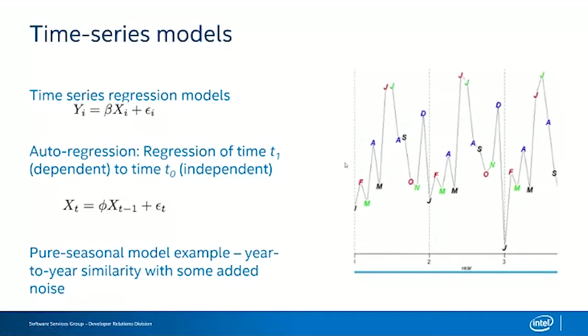So in regression, you have an independent variable x and a dependent variable y, and you're essentially regressing y on x. And as you measure the epsilon, you're able to figure out how good your model is.